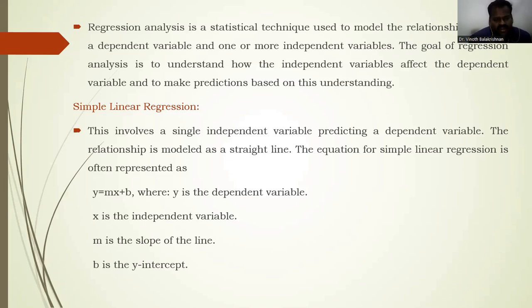This is the model equation: y equals mx plus b. Here y indicates the dependent variable and x is the independent variable. m is the slope and b is the intercept. So this is the general model.